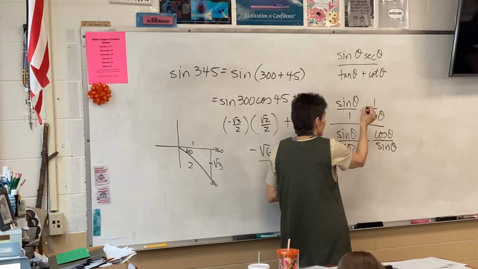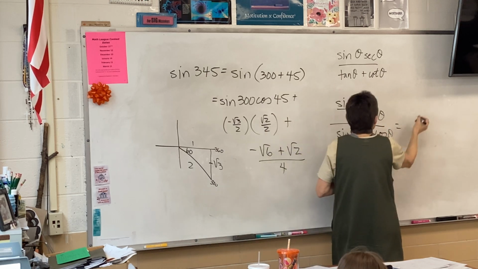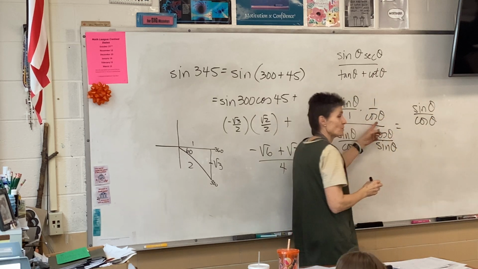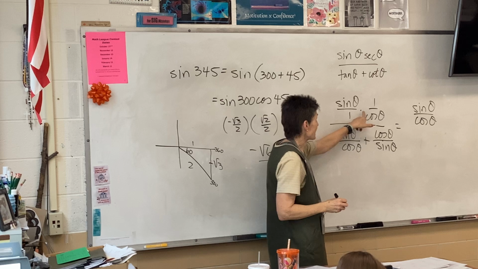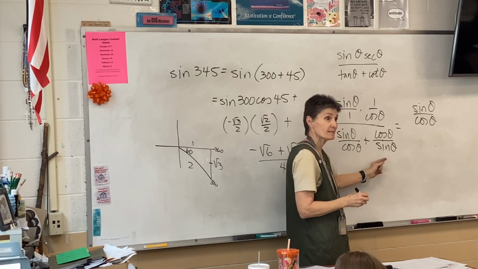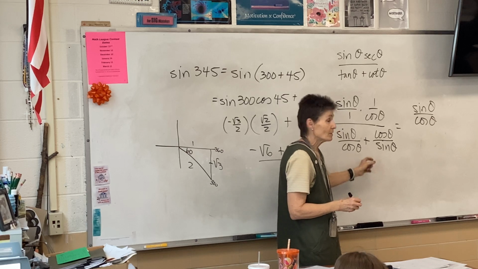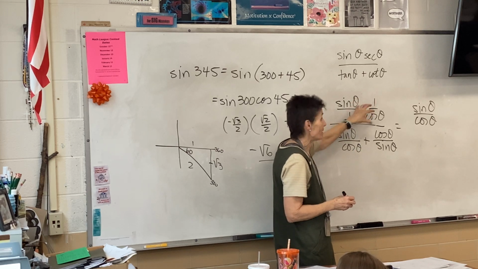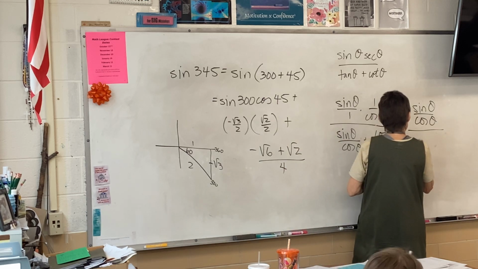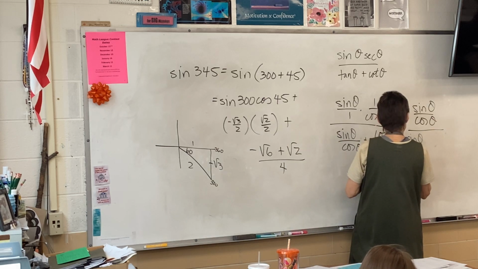Now, something here that you might make a mistake with is, that's a times. So this is literally sine over cosine. This is only one term, because that's a multiply. This is 2 terms, because that is a plus. So I would put that together and make it sine over cosine. And then it's over this. All right, so what are you gonna do now? Common denominator.